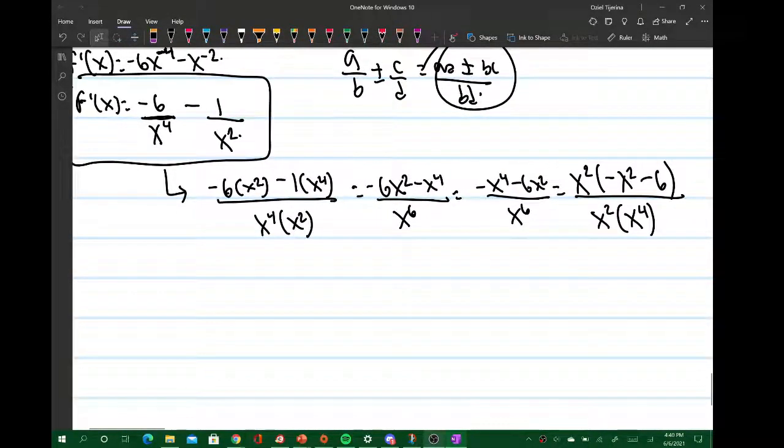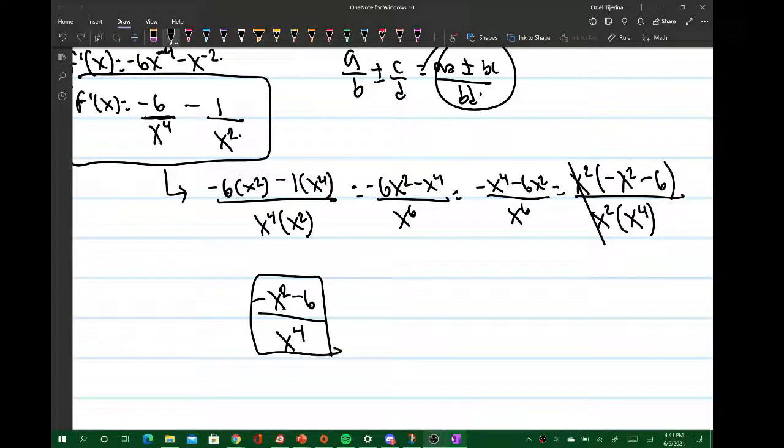And it's really up to you whether you want to write it this way. So basically you can say negative x squared minus 6 over x to the fourth, or you can say it like that.